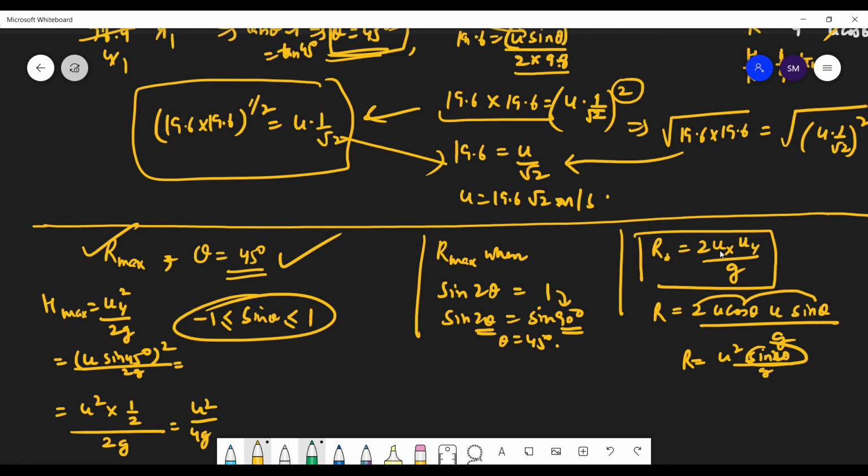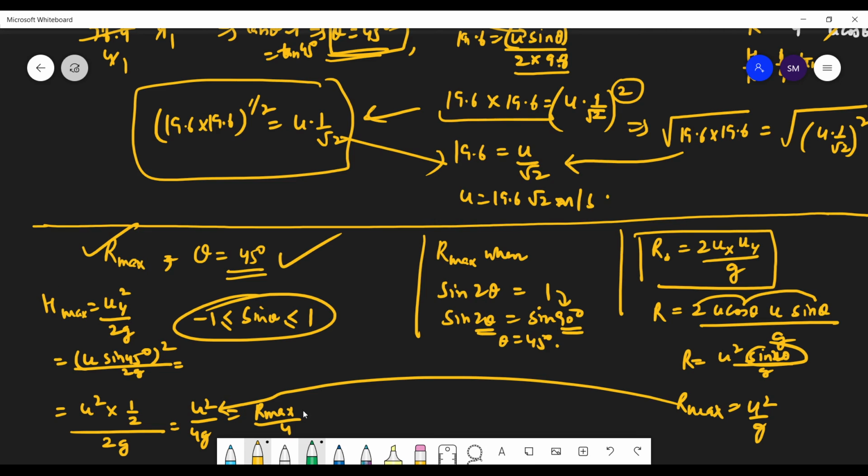And what is maximum range? You put sin 2 theta as 1. So range maximum is u square by g. So put this value over here. So range maximum u square by g. So this is range maximum by 4. So that's your maximum height.